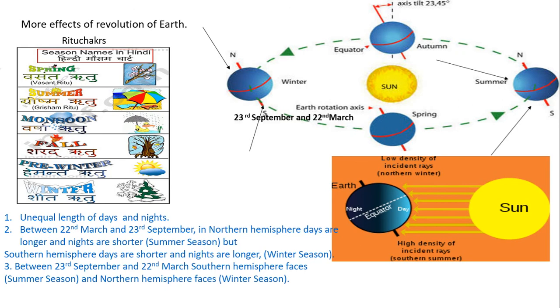Then comes the Sarad Ritu, that is the autumn season. Then Hemant Ritu, that is pre-winter season. And finally, the Sheet Ritu, that is the winter season.